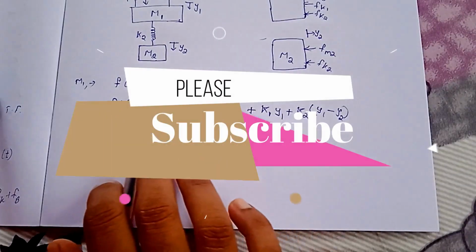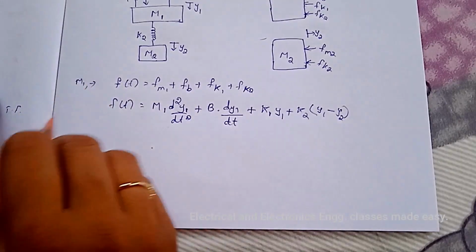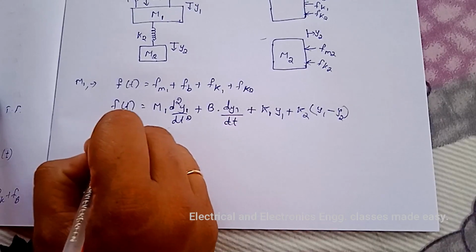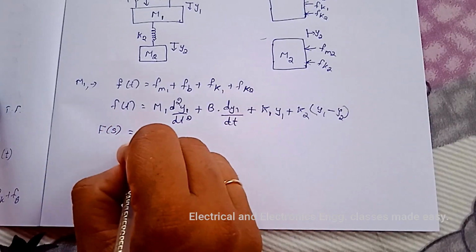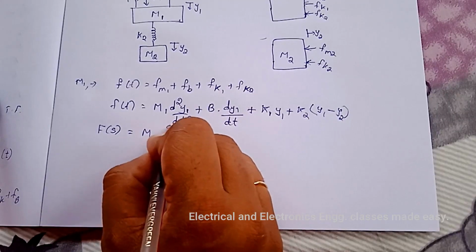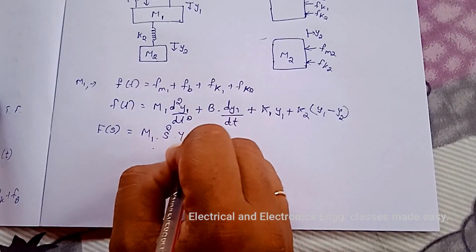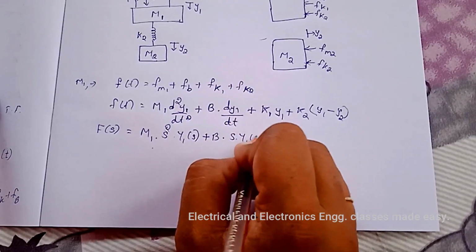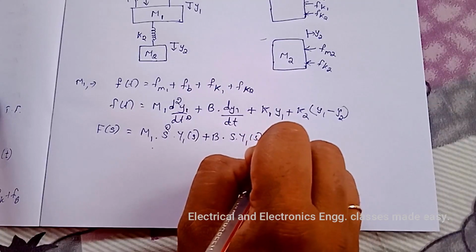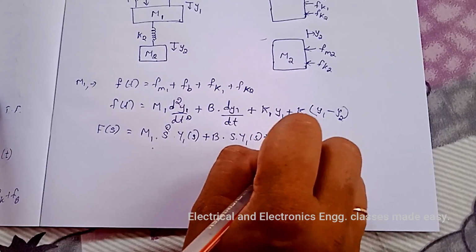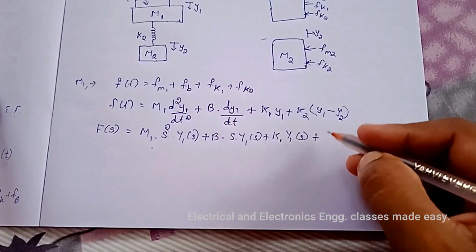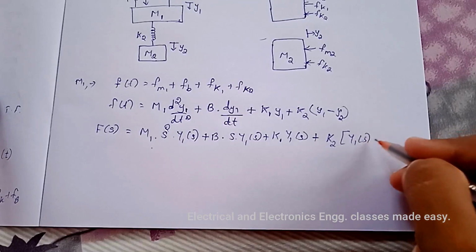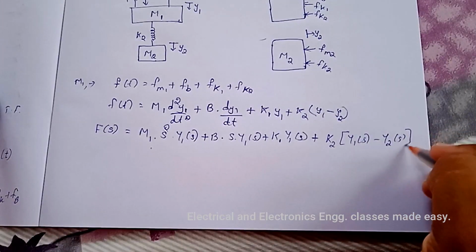Now let us take the Laplace transform. Laplace transform of f(t) is F(s) equals m1 into s square Y1(s) plus b into s Y1(s) plus k1 Y1(s) plus k2 into Y1(s) minus Y2(s).